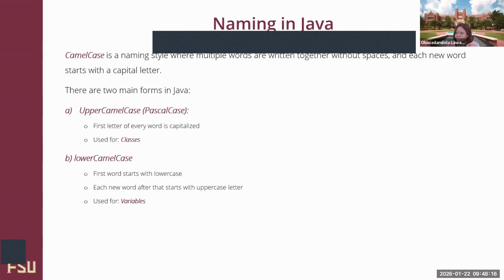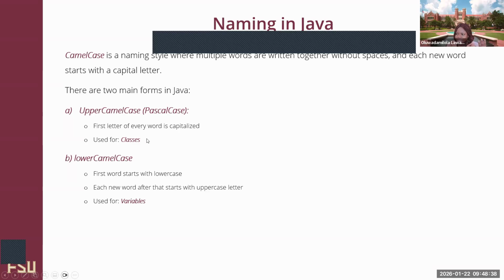And what does it mean? Pascal, from the way the name is written. You see, the first letter of each word comes in uppercase. And this is usually used when we're naming our classes.